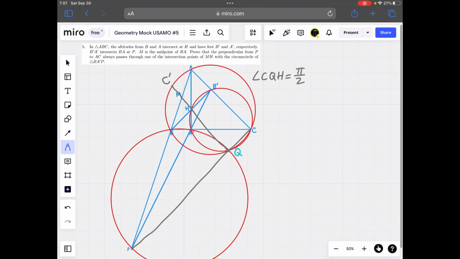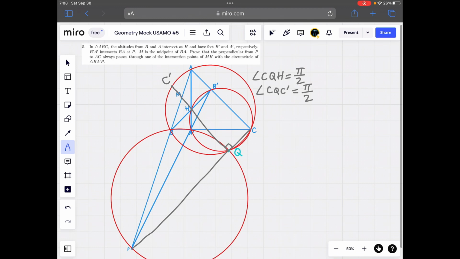So since C prime, M, and H are collinear, line MH is just line C prime H, which, since both of these angles are equal to pi over 2, passes through Q. So we now know that line MH passes through Q.